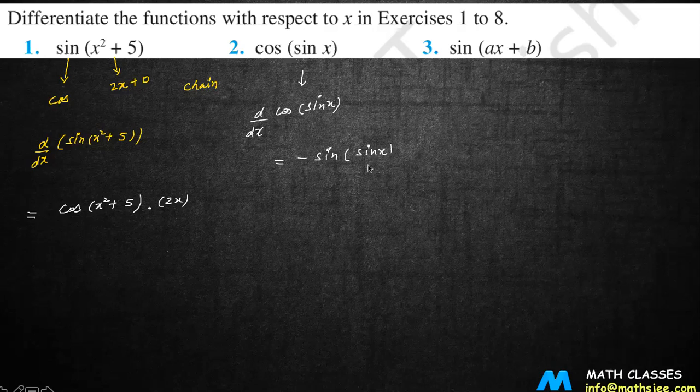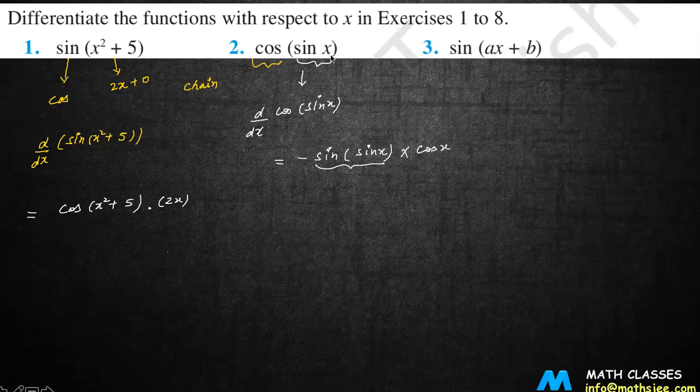Now, what have you done so far? Remember, this work has been done with cos. Now sin x is left. So now we will do it like into. This is what we have written for the first one, that is minus sin of sin x, into, now we will look at sin x. The derivative of sin x is cos x.